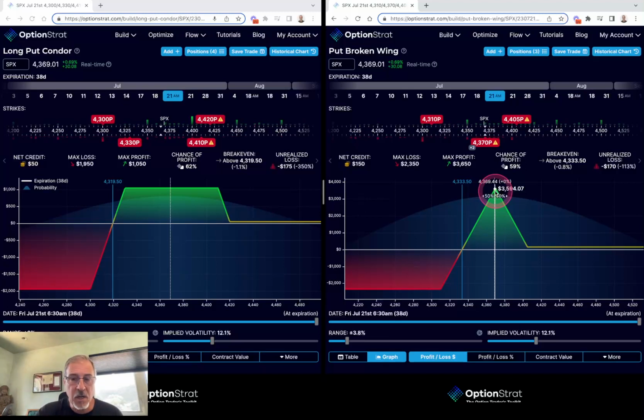So that's the difference between these two: this one, while it has a much lower peak, has a much wider range. We can see here that our break even is down here at 43.19, where over here our break even is 43.33.